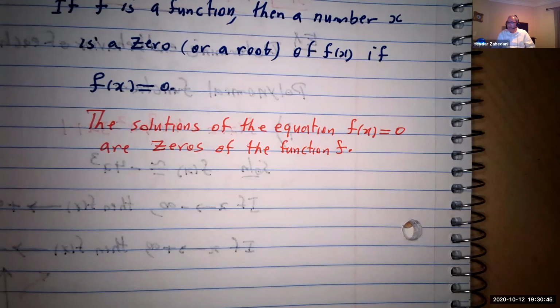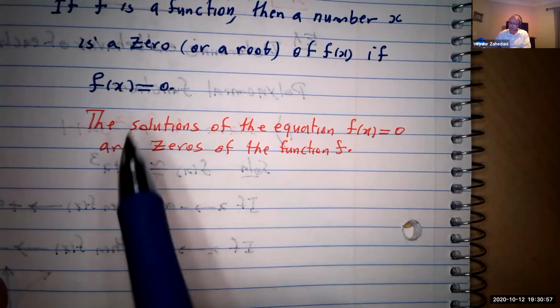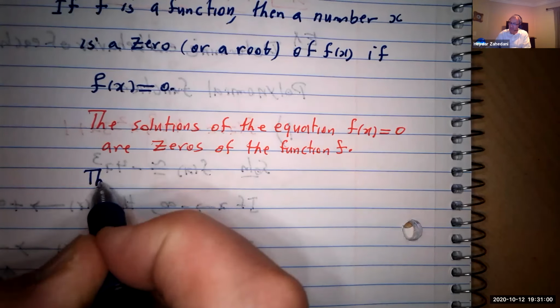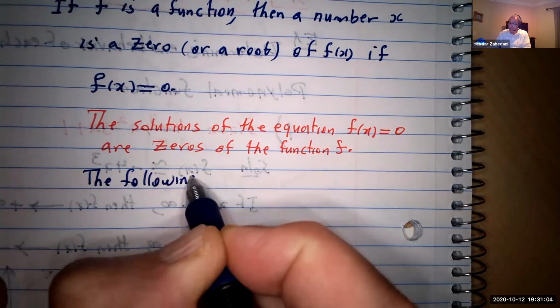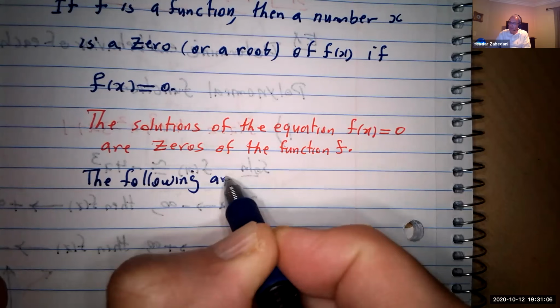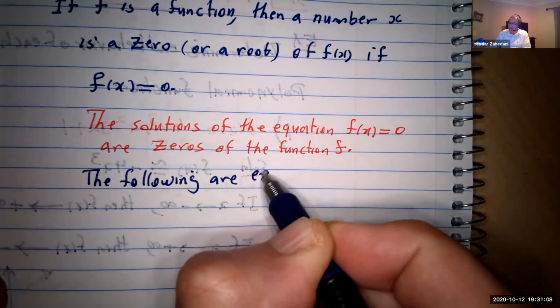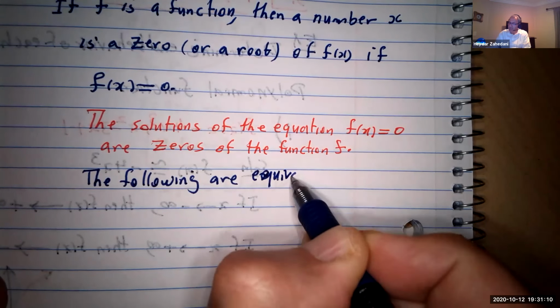So the situation that we're going to have, you know that they are at the same time. This is like you let y equal to 0 to get the x. So this is in fact the intercepts. So we can say that the following are going to be equivalent to each other.